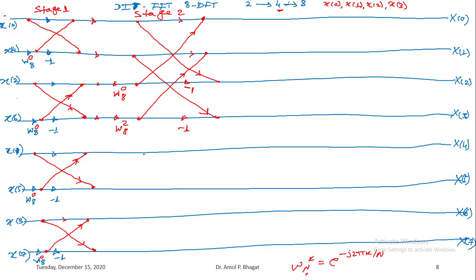Similarly, the remaining structure will be drawn again as it is. The same structure will be repeated on the following line. On the dropping line you will be multiplying with -1, as well as with the twiddle factors W80 and W82. So where there is a twiddle factor in multiplication, -1 will also be there on the same line.